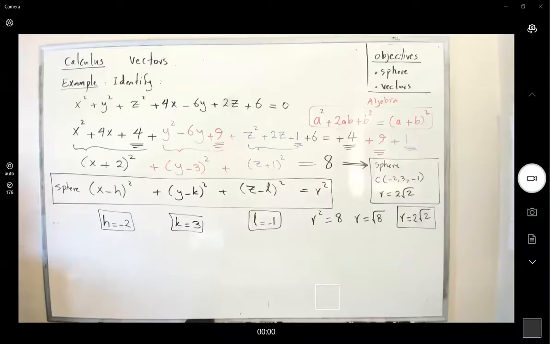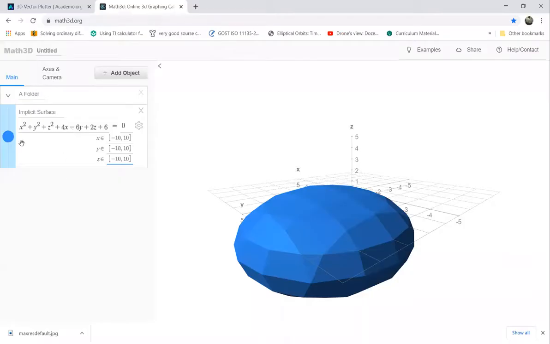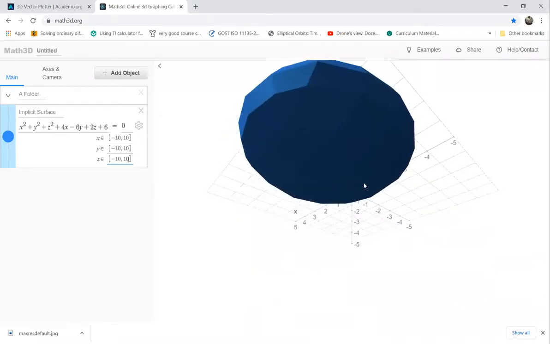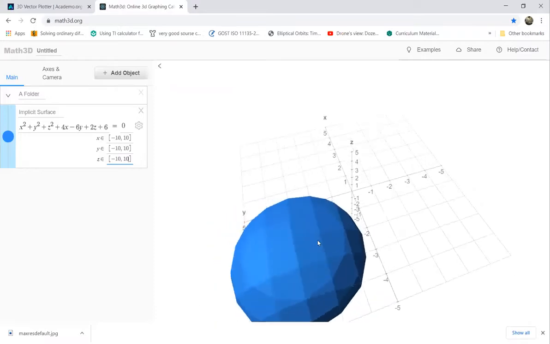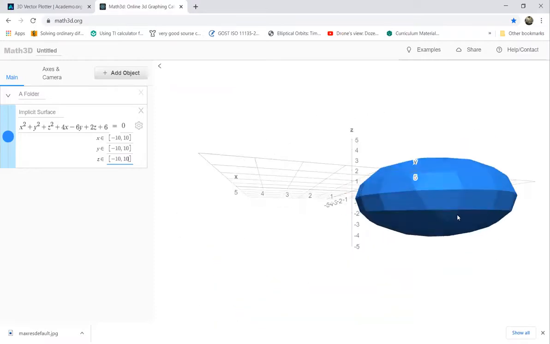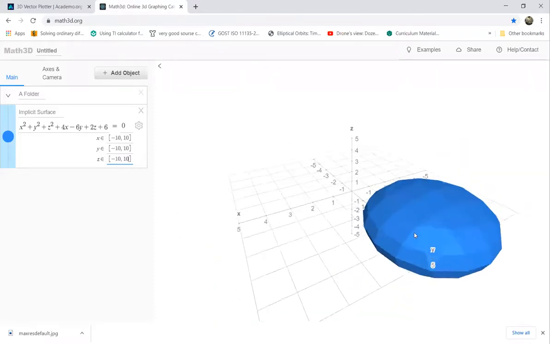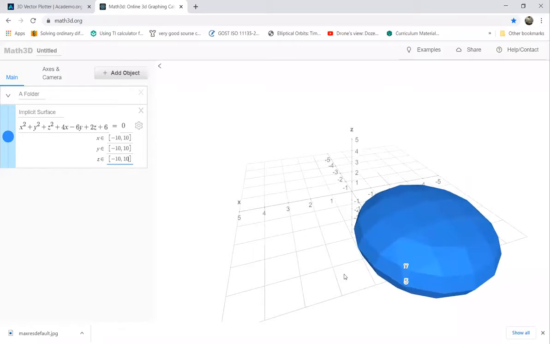Let us take a look at the graph. If we graph x squared plus y squared plus z squared plus 4x minus 6y plus 2z equals 6, this is the graph that we have. We have a sphere with center. As you can see, the center is not at the origin. Take a look at the board.